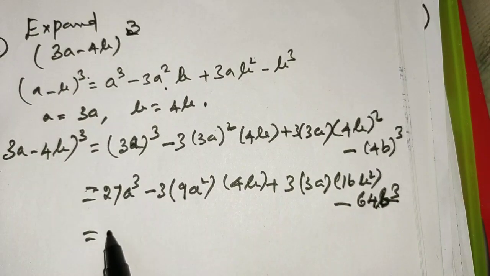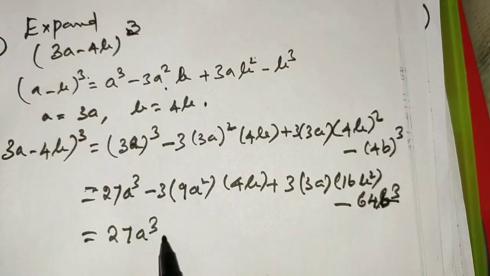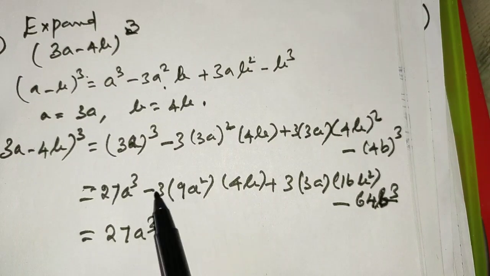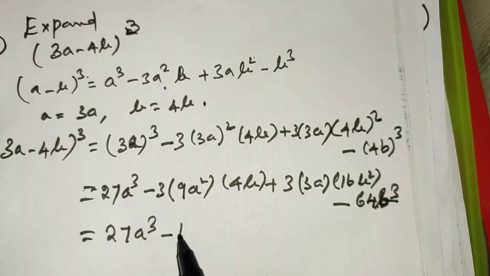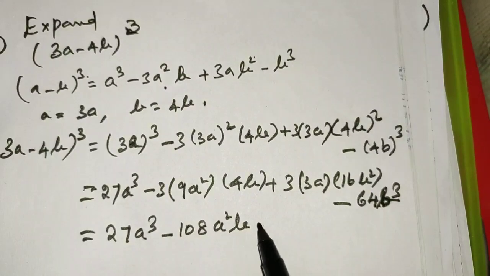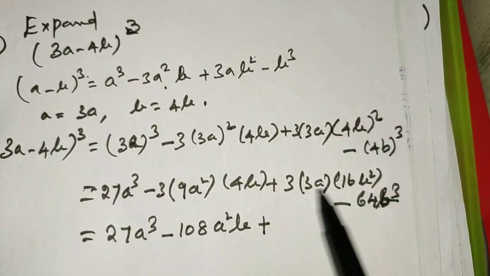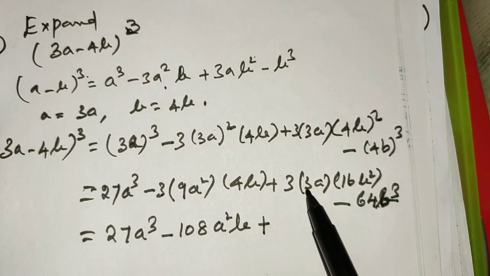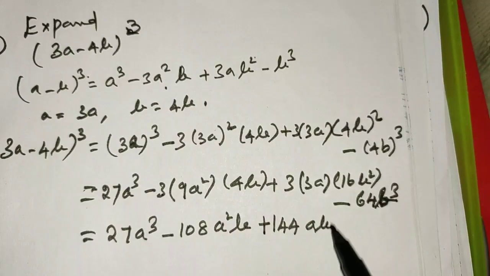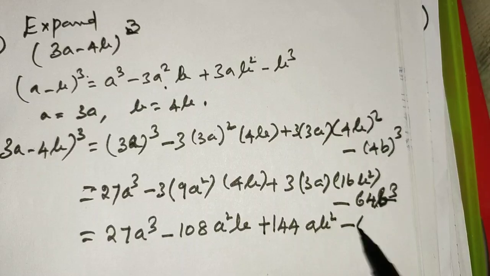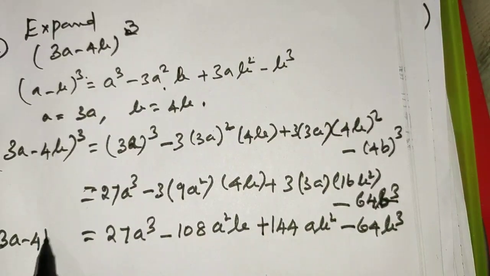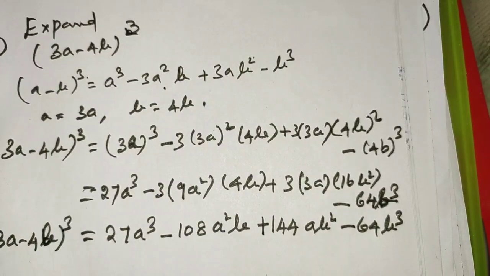Again on simplification, you will get 27a cube minus 9 fours are 36, 36 into 3 gives 108a square b plus 16 into 3 is 48, 48 into 3 gives 144ab square minus 64b cube. So this is the expansion of 3a minus 4b whole cube.